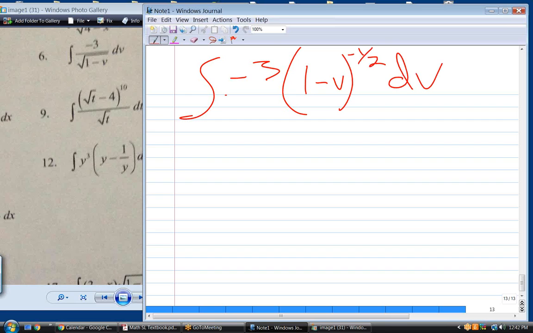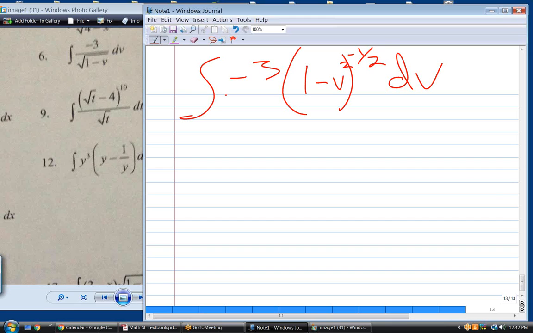What's the derivative of the inside? Just be minus 1. Yeah, which means it is a problem for u substitution. In other words, it's nothing but a constant. Constants I can handle really easily. Make this v squared, it's no longer a problem for u substitution.